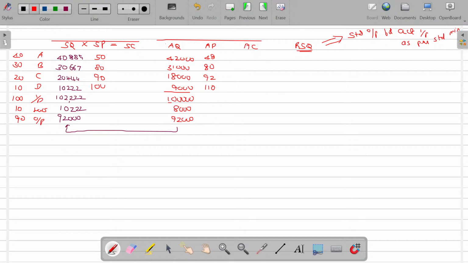Actual input being 1 lakh, I'll take that 1 lakh here. For this 1 lakh, what about the standard mix? 40, 30, 20, 10. For the actual input as per the standard mix, what could be the standard output?